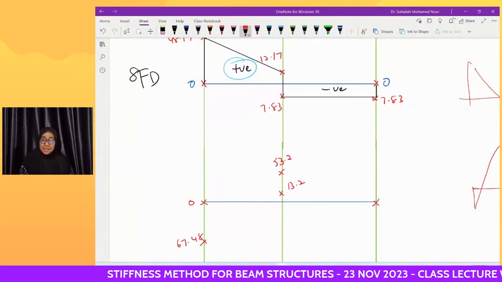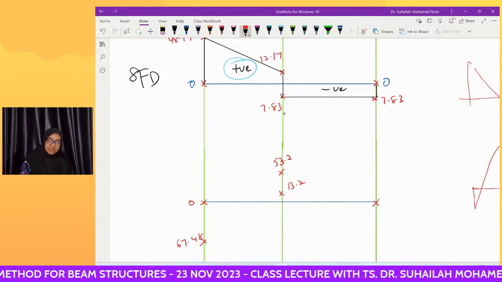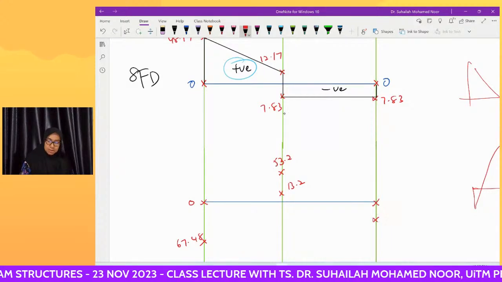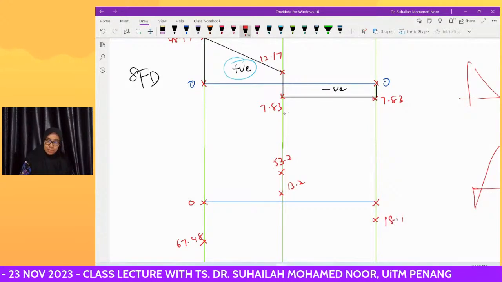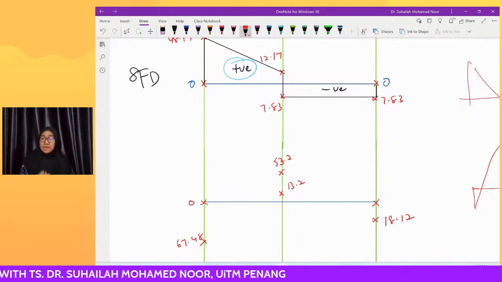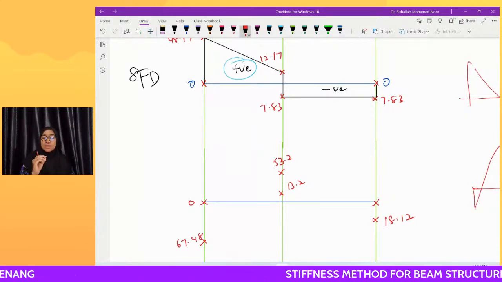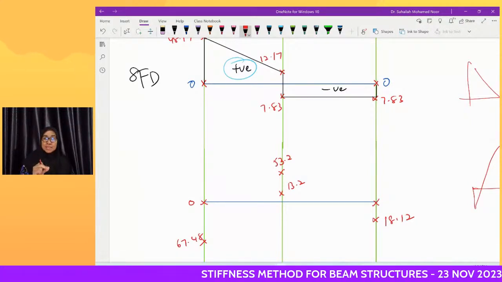So what we get is negative 18.12, and this negative 18.12 is not the last value, because the last value is 0.